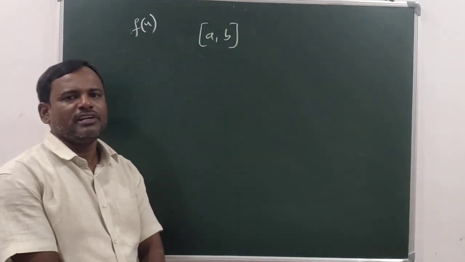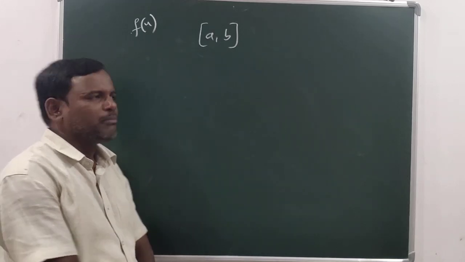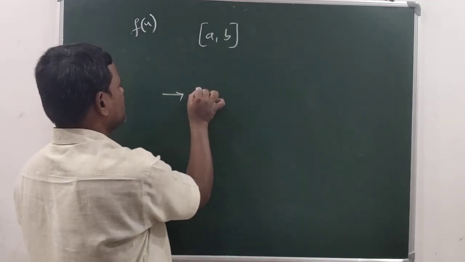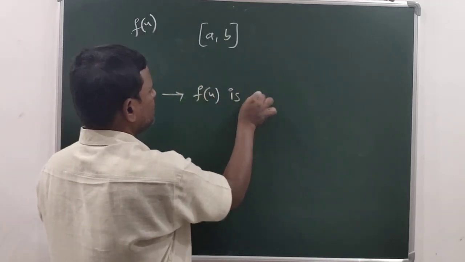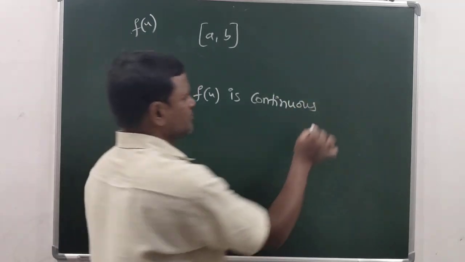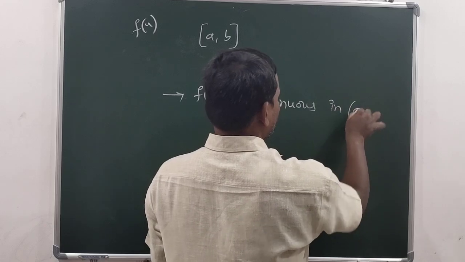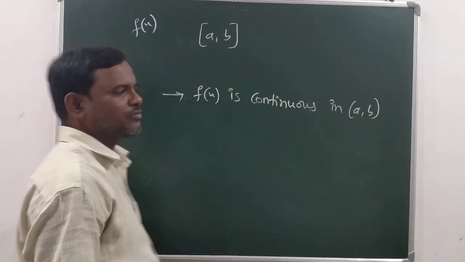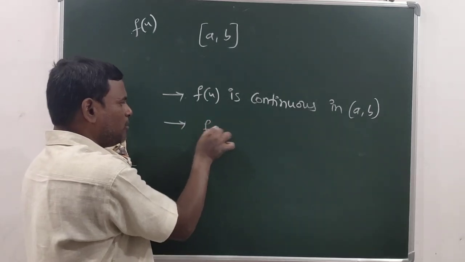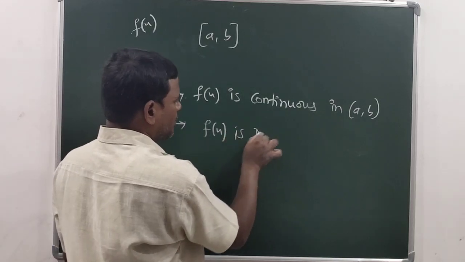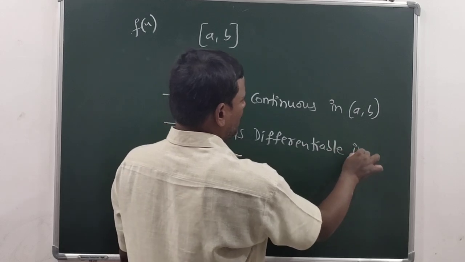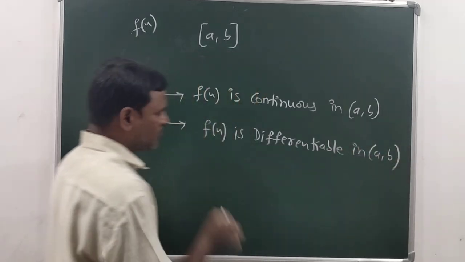Same as the previous one, that function must be continuous. f of x is continuous in the open interval a comma b, and that function is differentiable in the open interval a comma b.